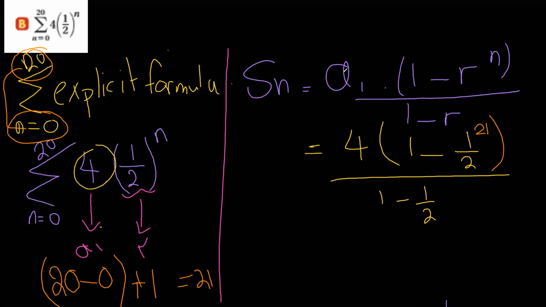So 4 times 1 minus half raised to the power 21 over 1 minus half. Wait, please, let me check the calculator here. So 0.5 raised to the power 21.